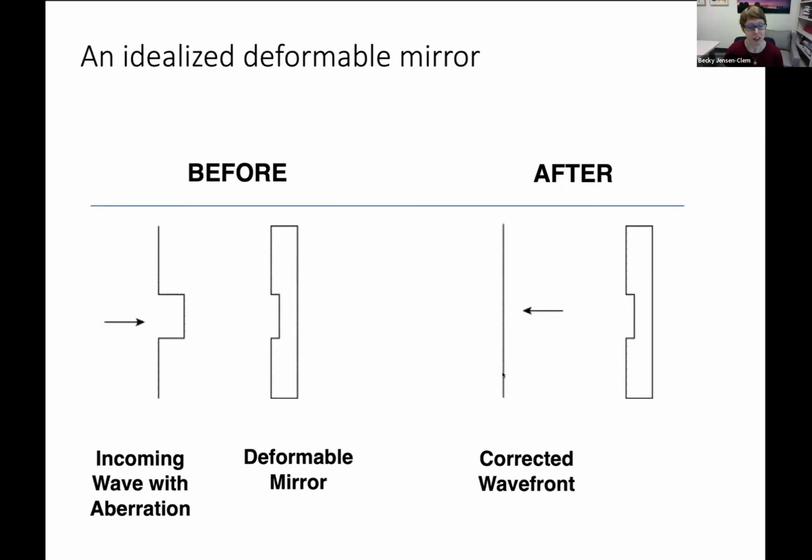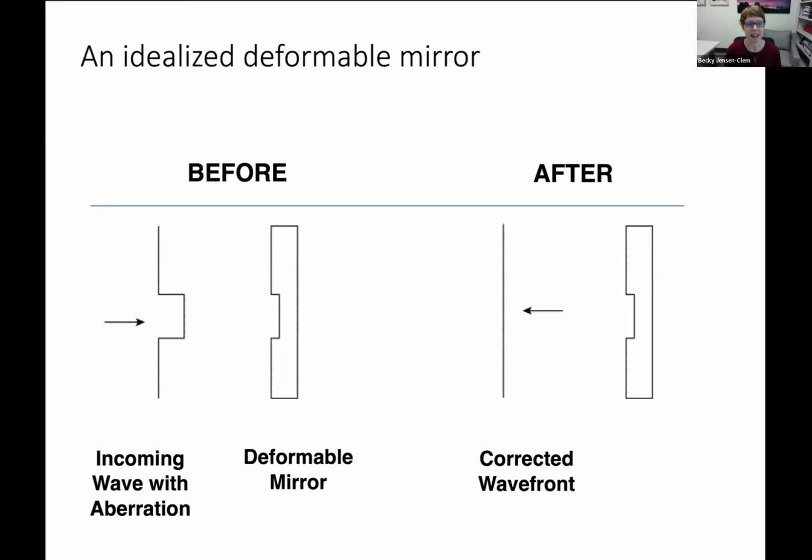Now, there are different designs of deformable mirrors. There are what's known as continuous phase sheets. So you can have one single mirror surface, and then behind that mirror, you might have some kind of actuator that's pushing and pulling that continuous mirror surface. We also have segmented deformable mirrors.